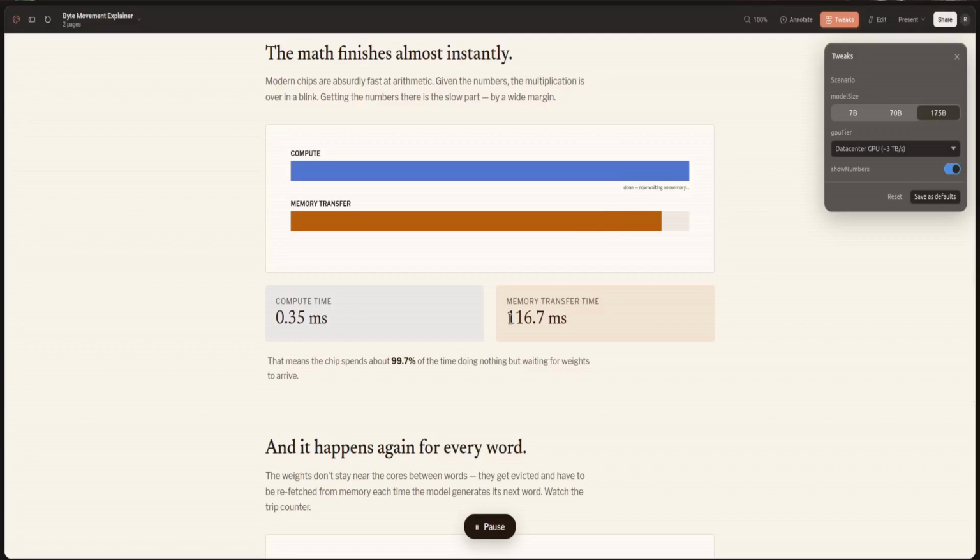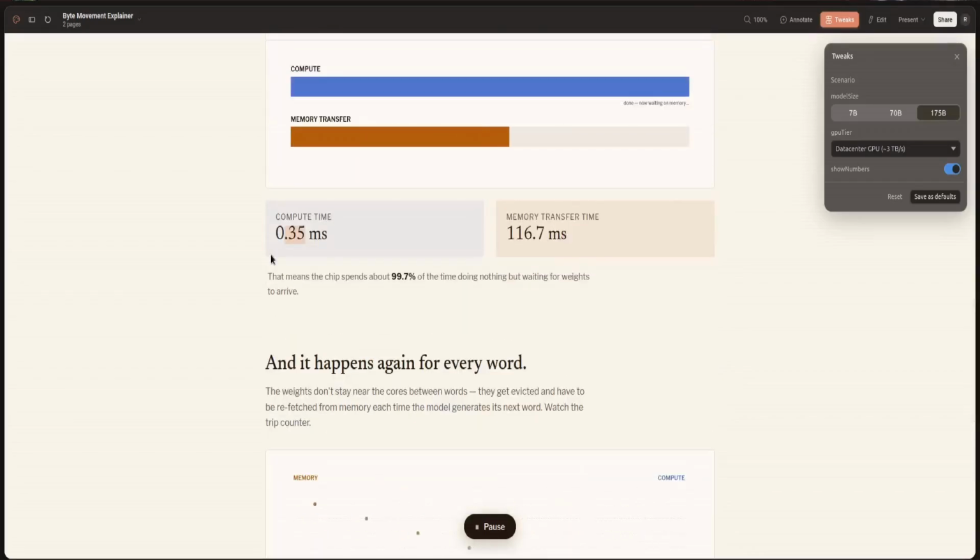For example, here memory transfer takes 116 milliseconds, but computation takes less than 1 millisecond. So here you can see, as soon as data arrives, the computation takes effect instantly, because the computation itself is a matrix multiplication, and it's really easy. Transferring the data is very hard.